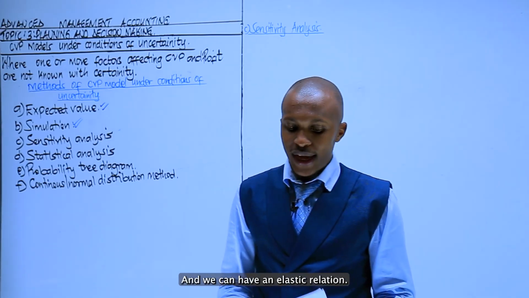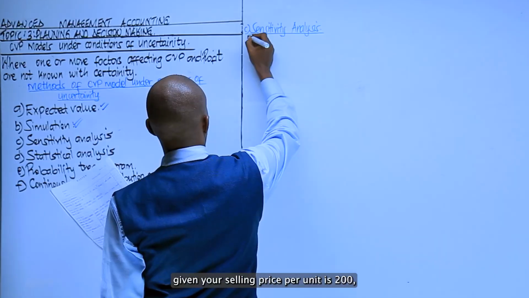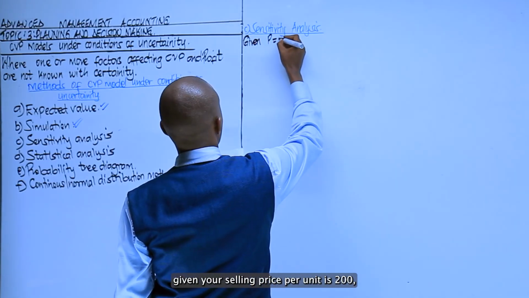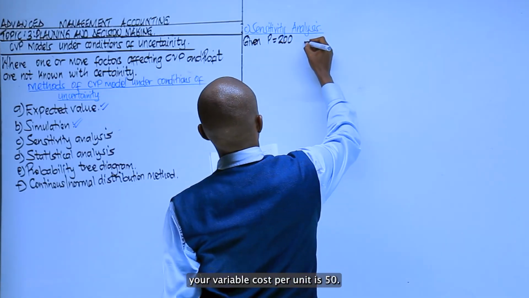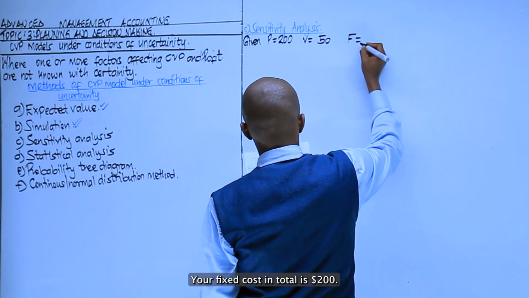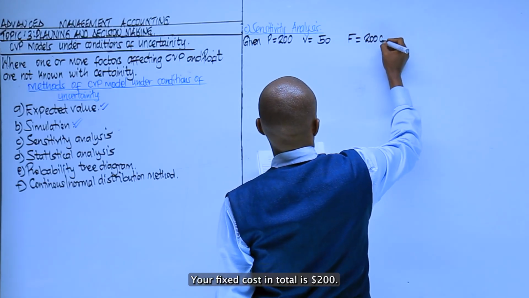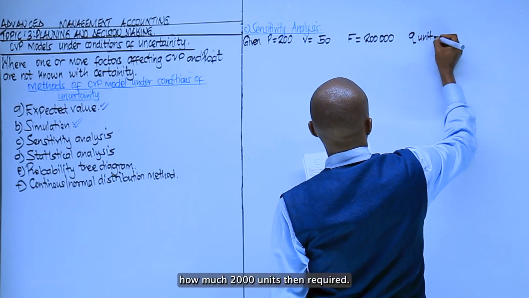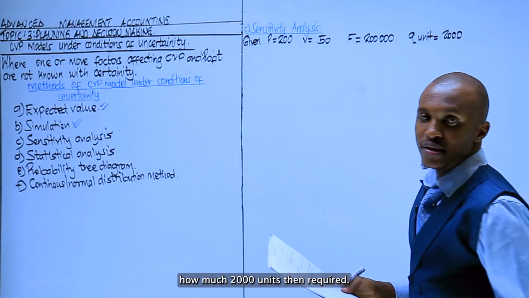And we can have an illustration: given your selling price per unit is 200, your variable cost per unit is 50, your fixed cost in total is 200,000, and your current sales is 2,000 units.